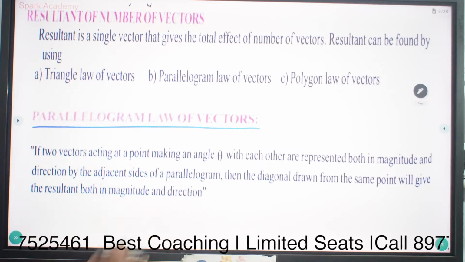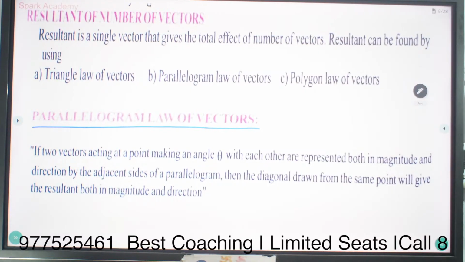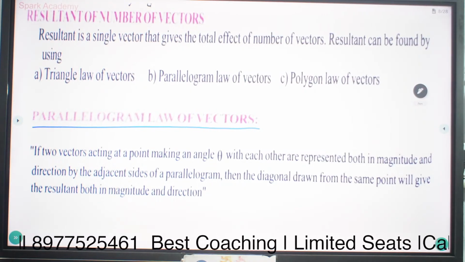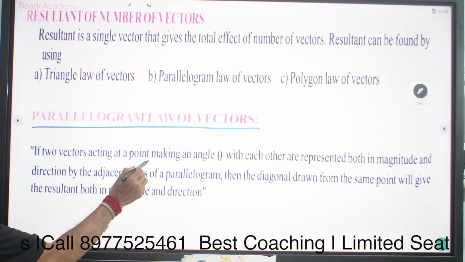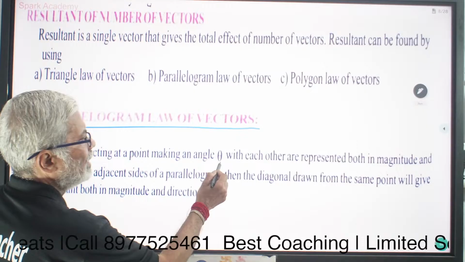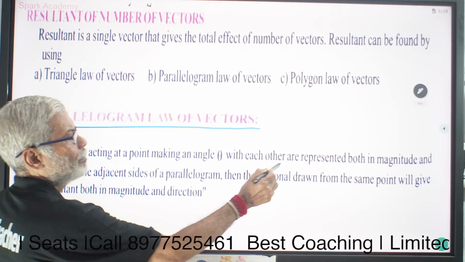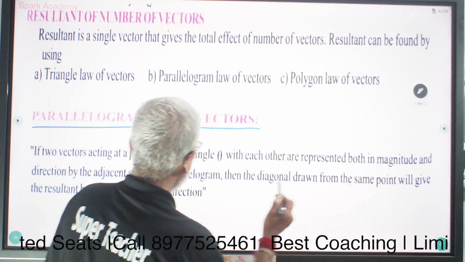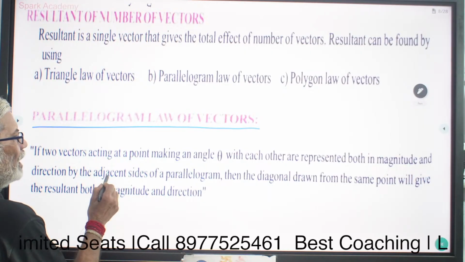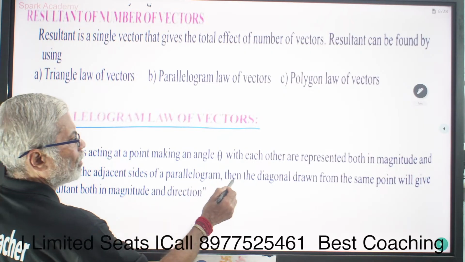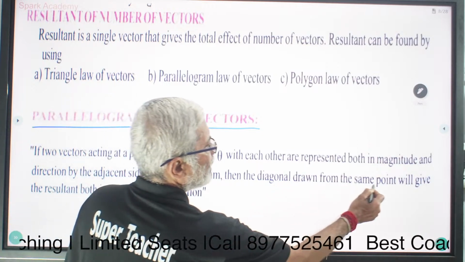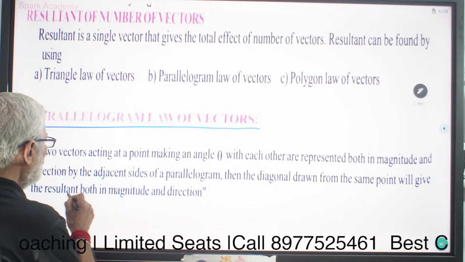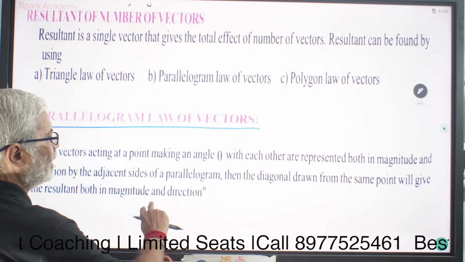It was asked in your regular intermediate exam also. The parallelogram law of vectors says that if two vectors acting at a point, making an angle theta with each other, are represented both in magnitude and direction by the adjacent sides of a parallelogram, then the diagonal drawn from the same point will give you the resultant magnitude and direction.